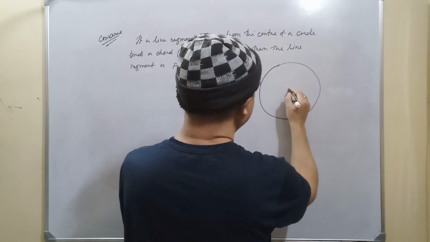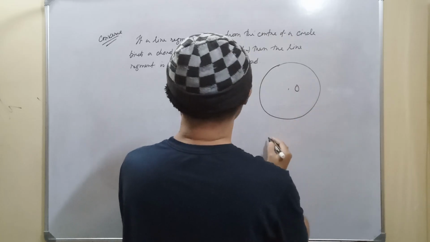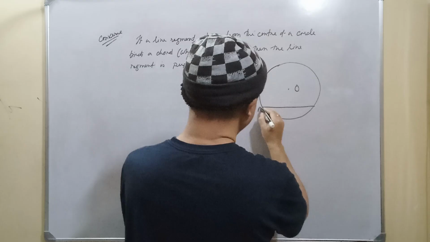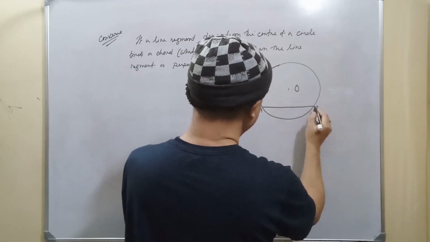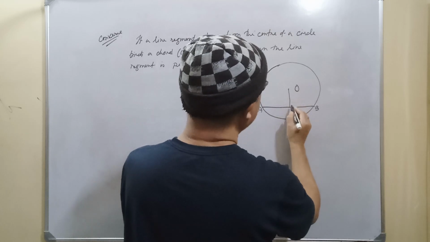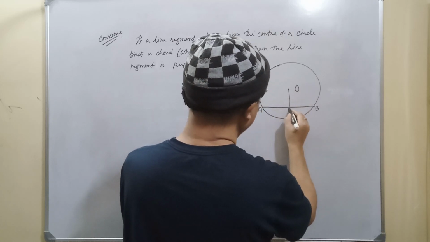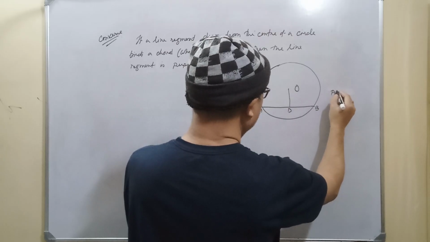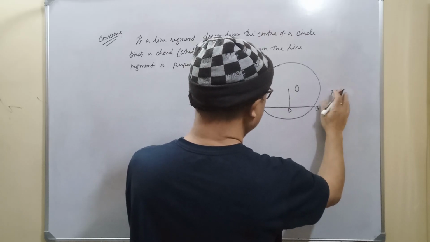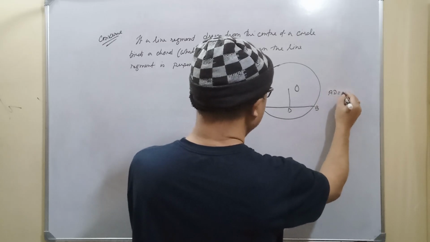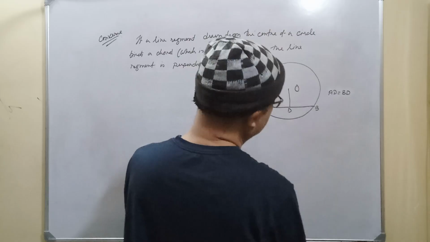Okay, this is the center, suppose O, and we draw a chord AB, and we draw a line so that it bisects AB. AD is equal to BD.